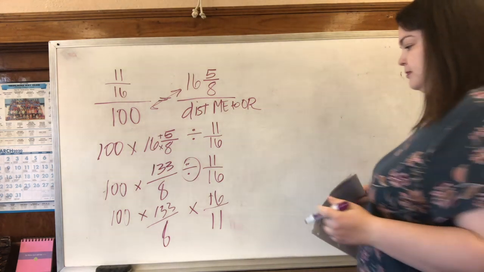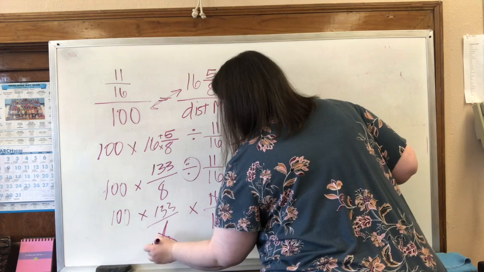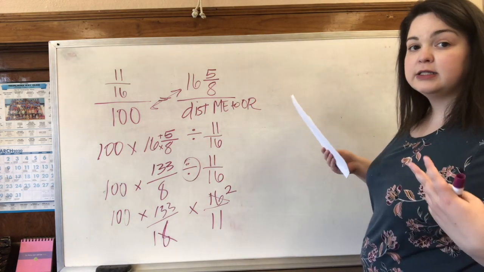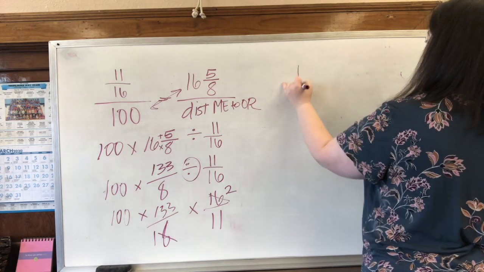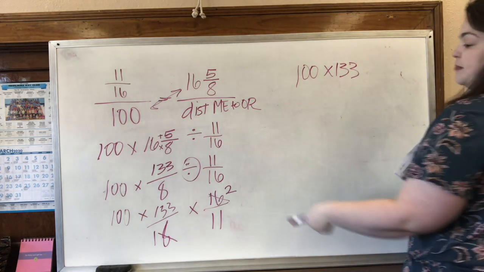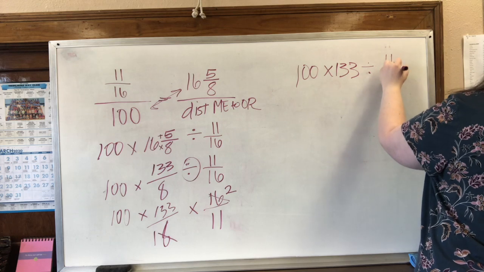Twice. So 133 over 1 is 133. So I'm going to move it all up here. 100 times 133. You're going to flip it back to a division. So you have divided by 11 halves.